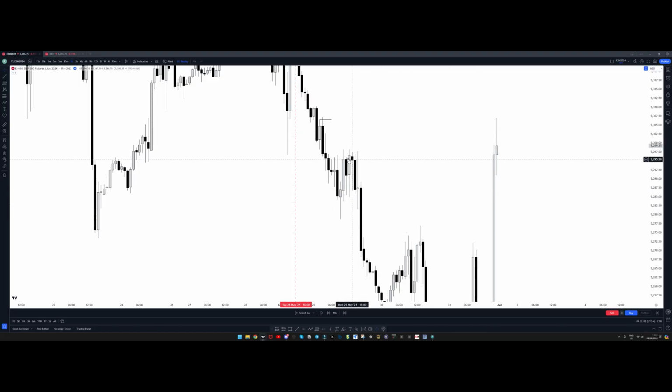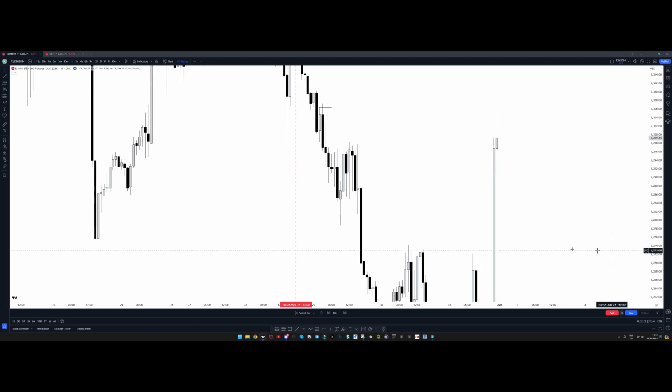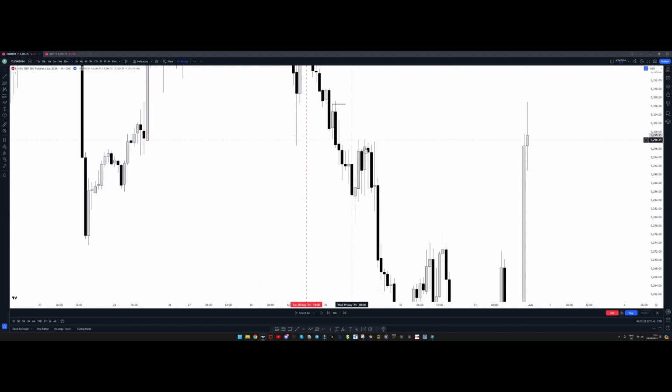At 12 o'clock, this was very messy price action, but I'm going to keep it real. This in fact gives us very difficult price action, right? Very difficult. And as a beginner, it's nothing that I would take.